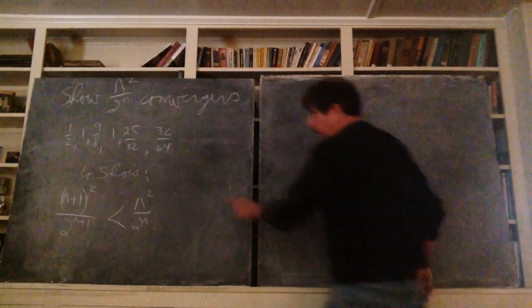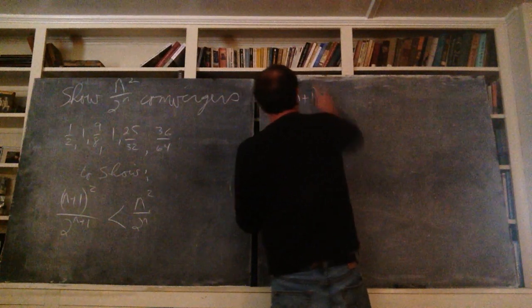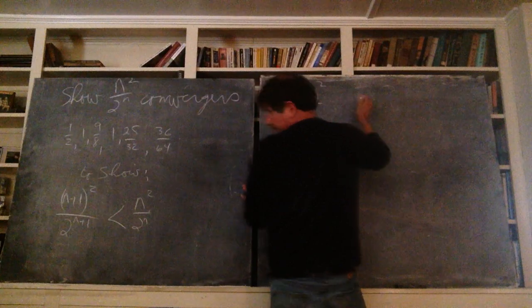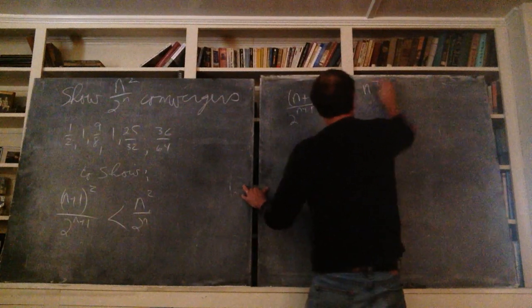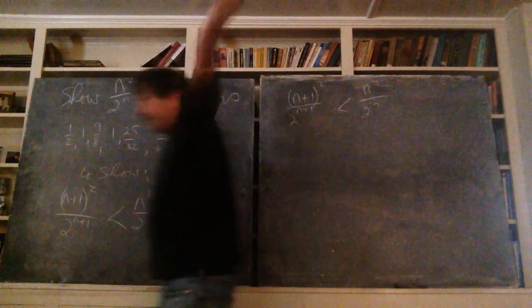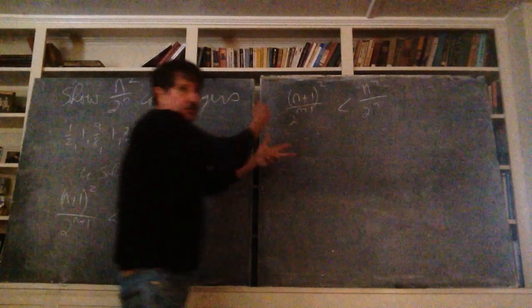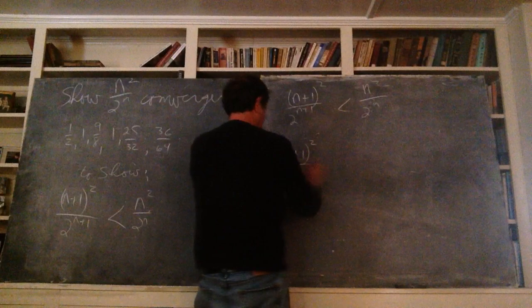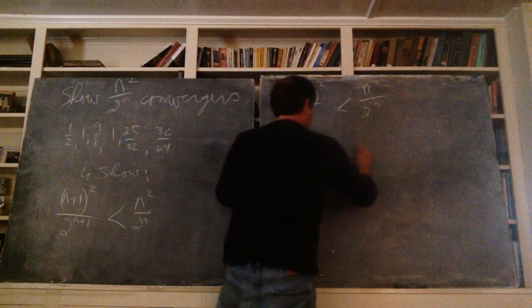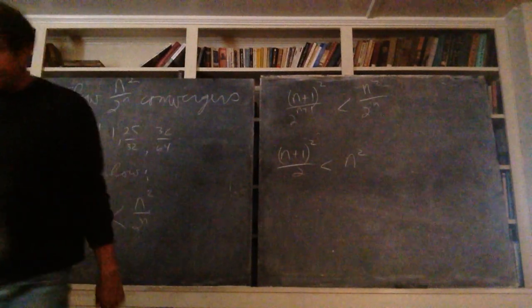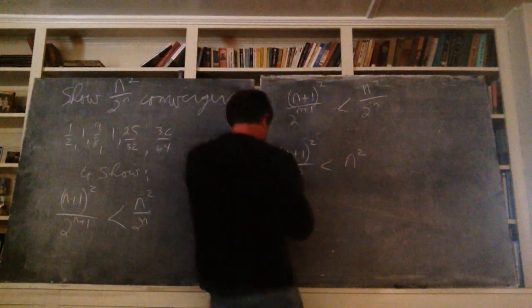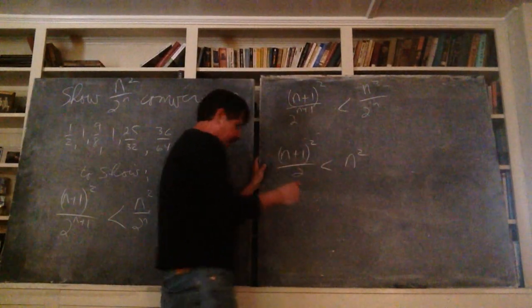How about this? n plus 1 squared over 2 to the n plus 1 is strictly less than n squared over 2 to the n. Sorry, I'm standing in front of it. Let's multiply both sides by 2 to the n. Looks like that. How about we multiply both sides by 2, and I'm going to switch the side of the inequality.